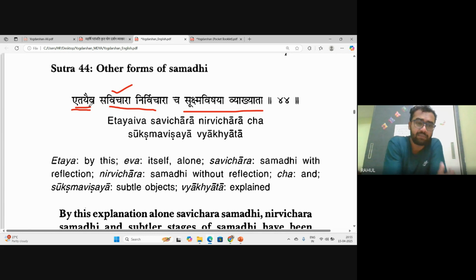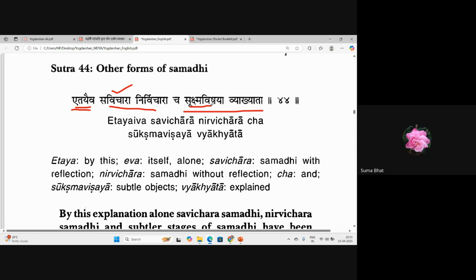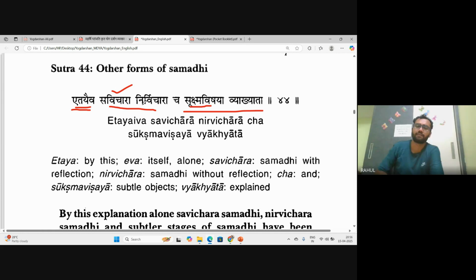That's why Maharshi Patanjali uses this coded wording. He just told Sukshma Vishaya, not the major elements, only the other elements. And if the yogi is focusing only on the senses and getting only Artha Matra Nirbhasa, then which Samadhi will it be? Nirvichara. Very good. That practice we will call Nirvichara Sampragyata Samadhi.